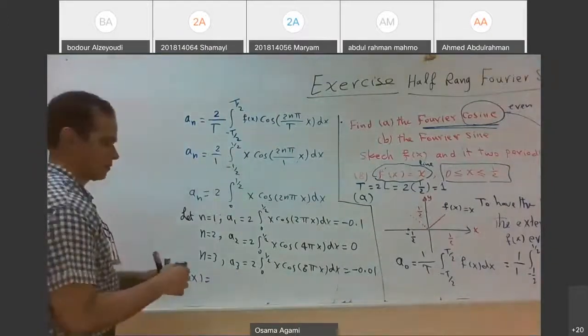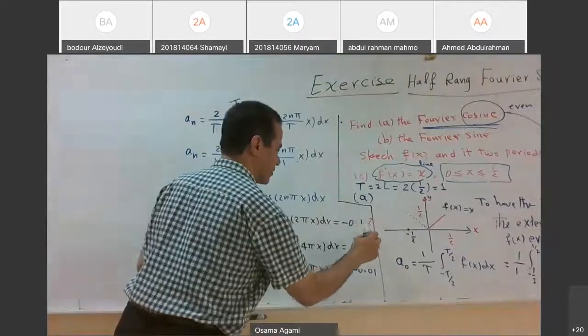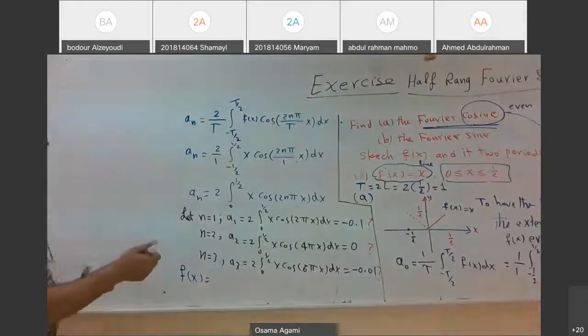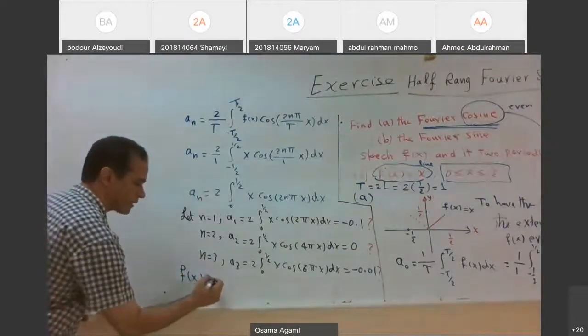Anyway, check your calculator, so I'm just asking you to check this one. If you finish it and you have the right answer, you can write your Fourier series as a0, right?